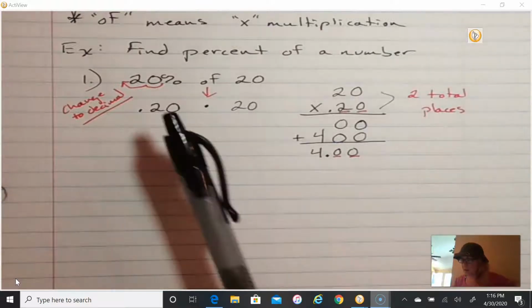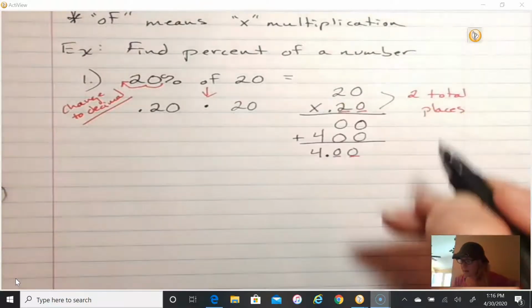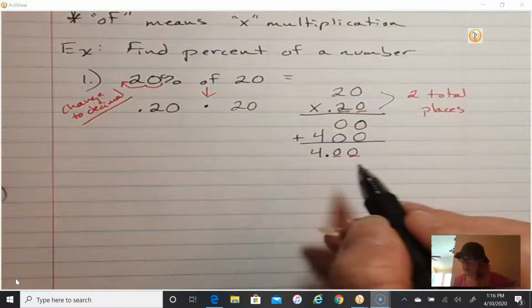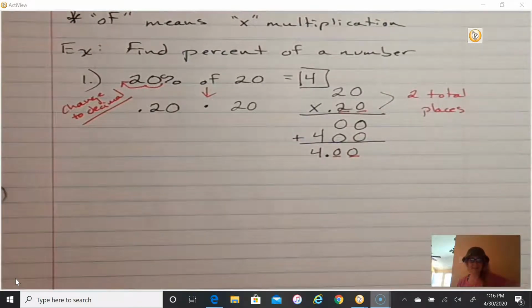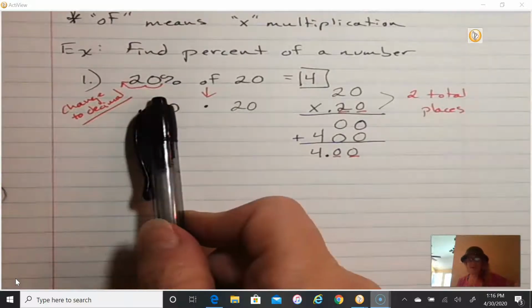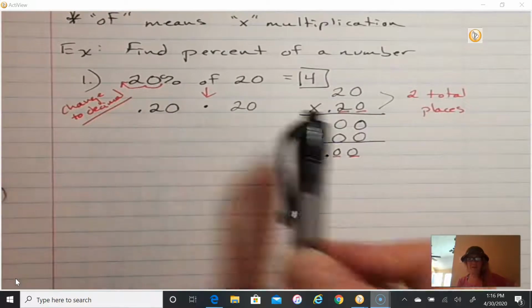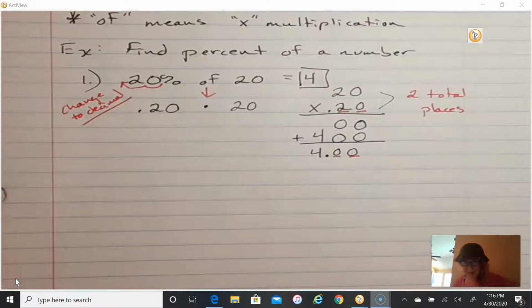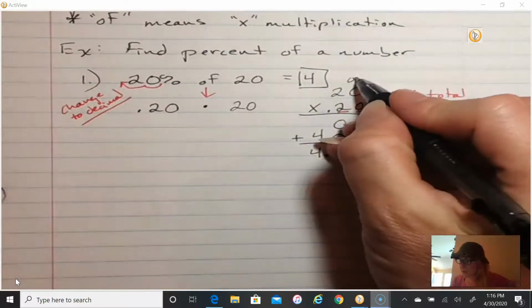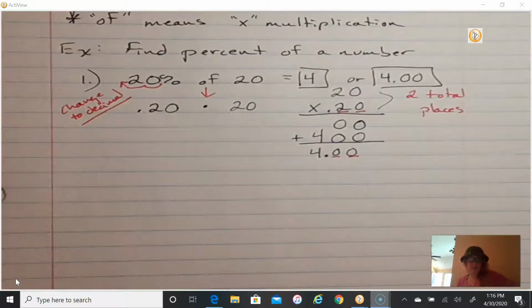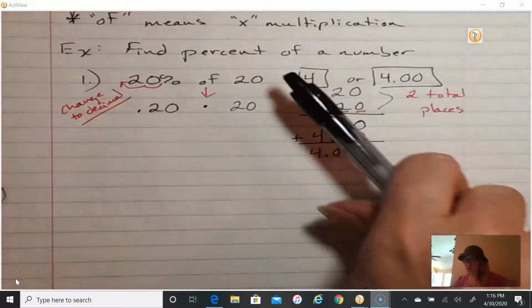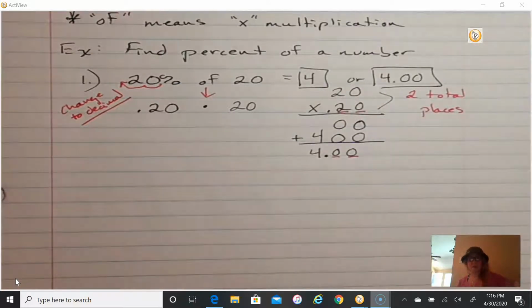So then 20% of 20 is just 4. See that? 20% of 20 is 4. All you do is change that to a decimal and then multiply. That's it. And if you had given me 4.00, that's fine. 4 and 4.00 are the same thing.